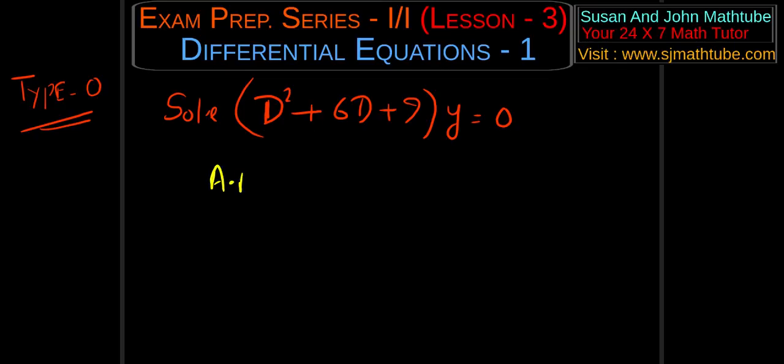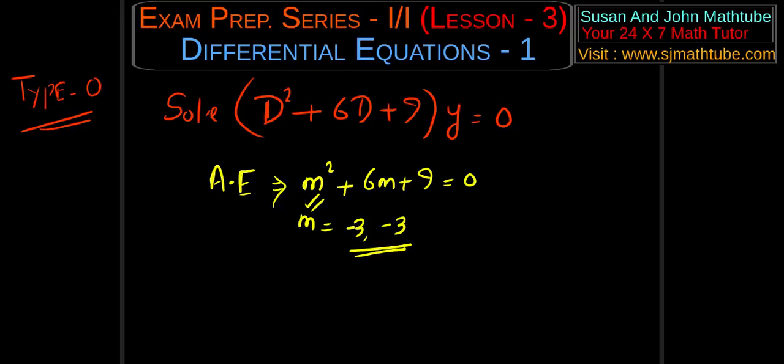So the first thing to do is you write the auxiliary equation, and that is m square plus 6m plus 9 is equal to 0. So m is equal to, use a calculator, minus 3 comma minus 3.